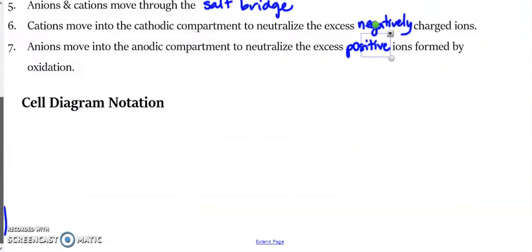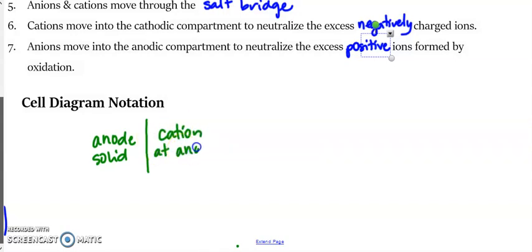So cell diagram notation, here's your general format, is going to be your anode solid, and then a line, and then it's going to be your cation at anode, and then a double line. I'll explain what the lines mean in a second.